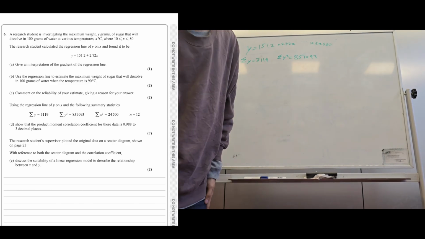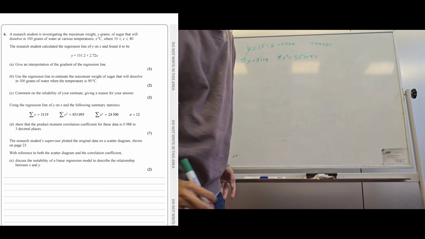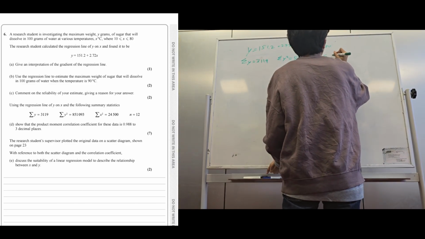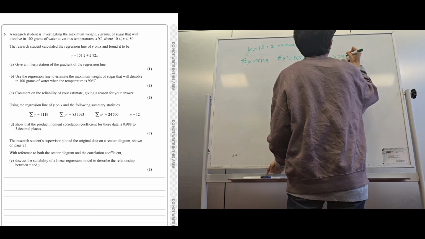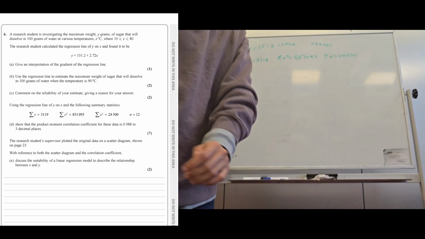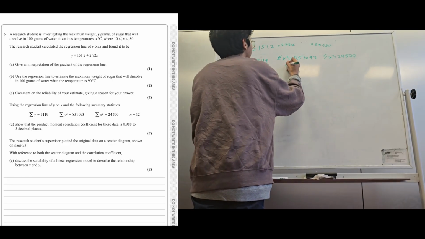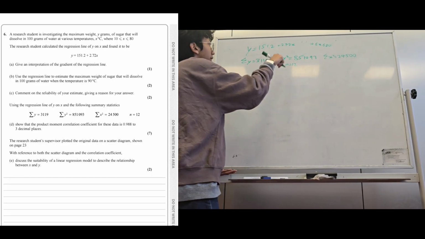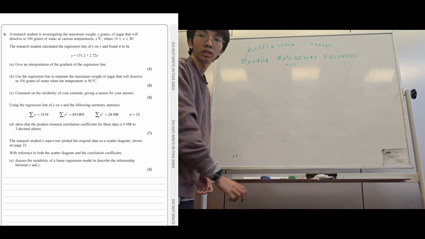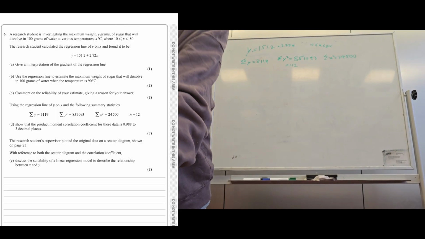Summation of x squared is 24500, and n is equal to 12. These are our summary statistics. So what does it want us to calculate? The PMCC.